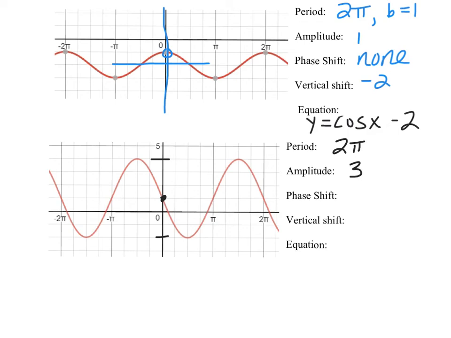If this is a cosine function, I'm going to actually make this the starting point. So you could either make this or this the starting part. It doesn't matter. I'm going to make the starting point right here. So it means that it has moved right pi over 2 because it's between 0 and pi. So I'm going to write right pi over 2. The vertical shift is it's moved up 1.